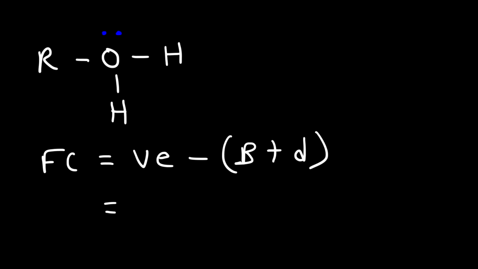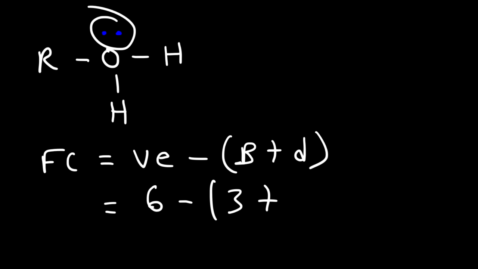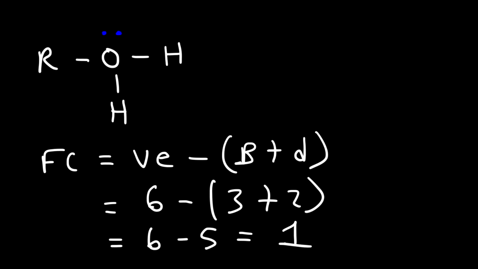So the formal charge for oxygen is going to be the 6 valence electrons that it has, and in this structure we could see a total of 3 bonds and 1 lone pair, or 2 dots. Now 3 plus 2 is 5. 6 minus 5 is 1. So in this case, whenever oxygen has 3 bonds and 1 lone pair, it's going to have a positive formal charge.